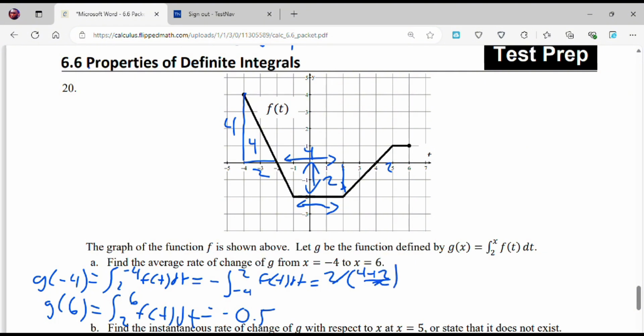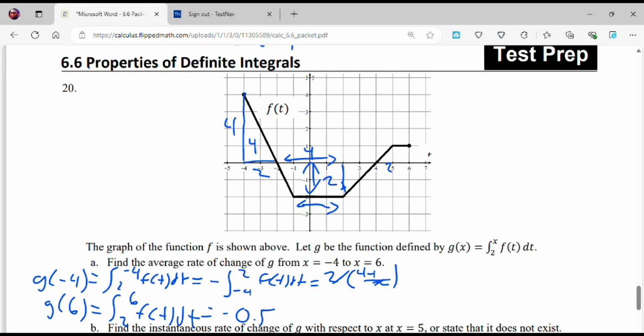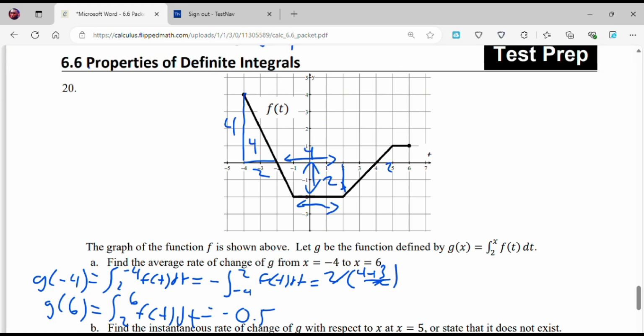So that cancels out. And this should be 3, not 2, right? Because our side is 3. So that gives us 7. So positive 4 minus 7 is going to give us -3.